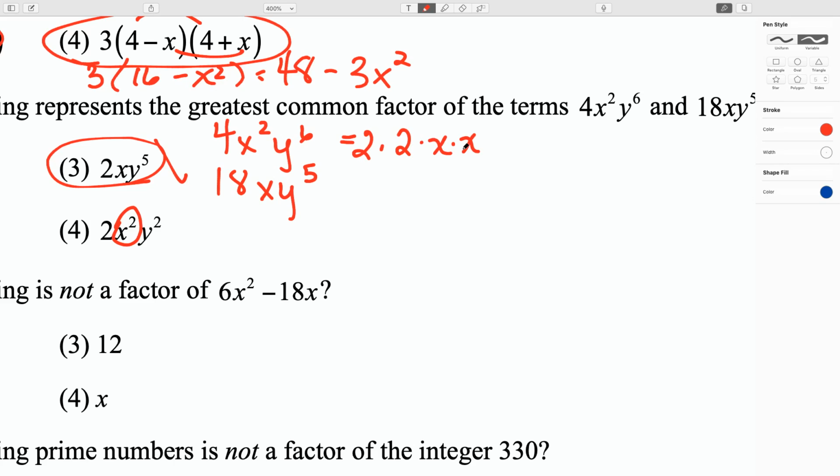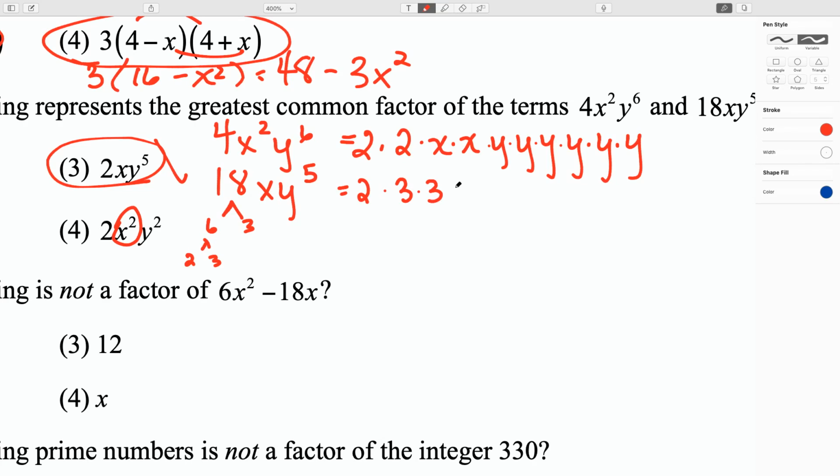Y to the 6th would be multiplying 6 y's. 1, 2, 3, 4, 5, 6. 18 would be, let's see, 18 is 6 times 3, which is 2 and 3. Okay, 2 times 3 times 3. X is just x. And then we have y to the 5th, which is 5 y's. 1, 2, 3, 4, 5.